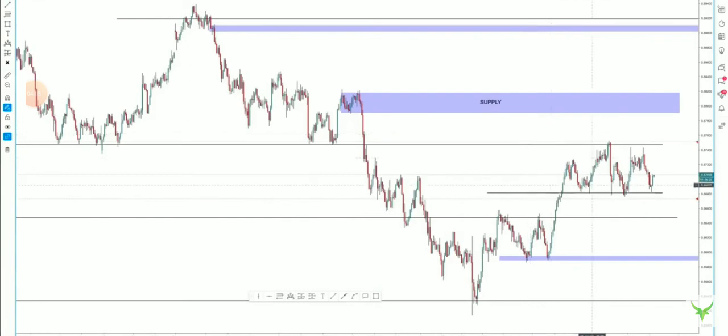So here we are. What is price doing right now? We are stuck in a range. There's really not too much to do right now, because as long as the market is bouncing back and forth between the support and the resistance, the market is in a neutral phase, and the market participants haven't made up their mind what they want.